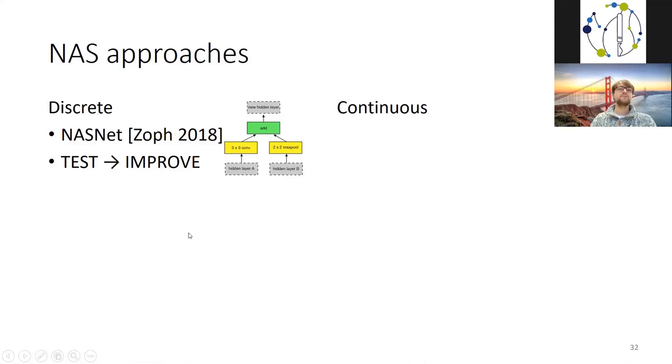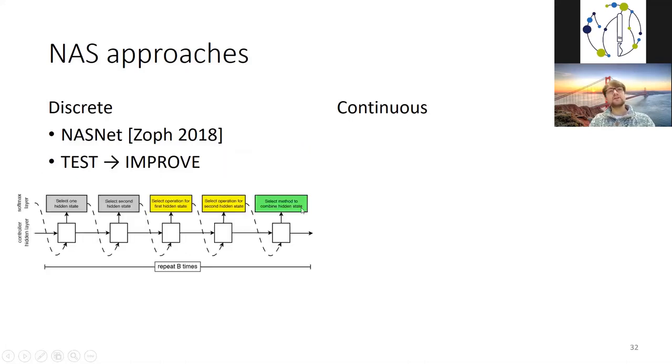Not recurrent, reinforcement learning scheme. But it is a recurrent design behind this that predicts what to use as this block. And this is repeated B times because this block can be repeated B times. But NASNet takes 2000 GPU days. There is an improvement over NASNet, which takes 200 GPU days. So that's basically infeasible for many wide applications.